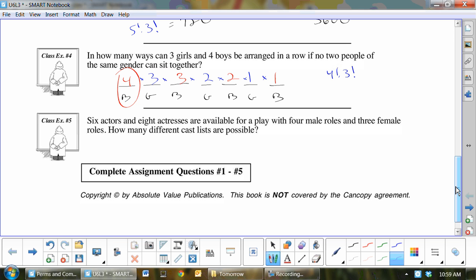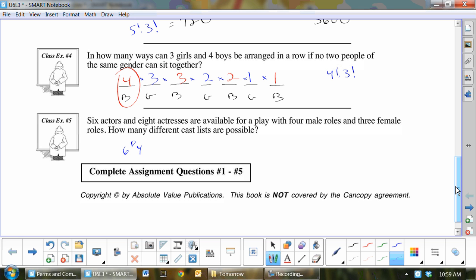So, how would I solve this one? Any ideas? Am I picking 6 males or 3 females?